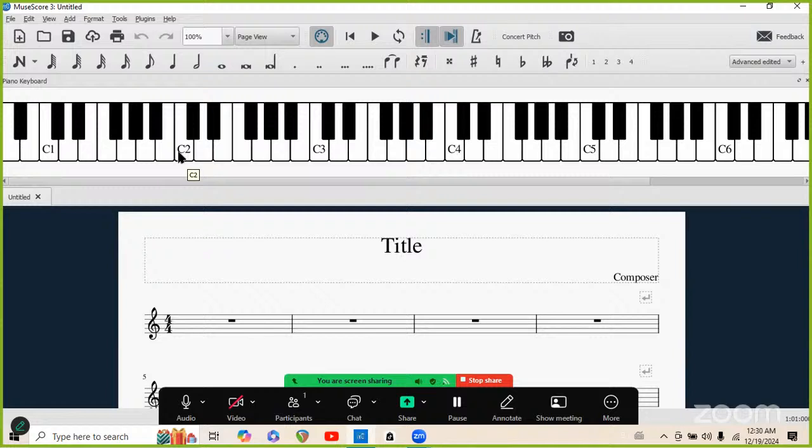Now, the C major scale starts on, you guessed it, C. That's why it's called a C major scale, because even though it has several notes, the note that stands out particularly in this scale is C. It starts on C and it ends on C.